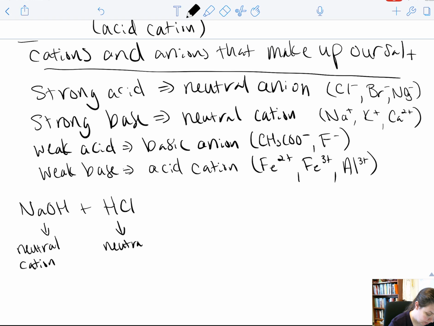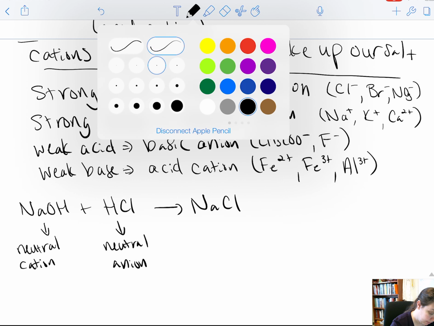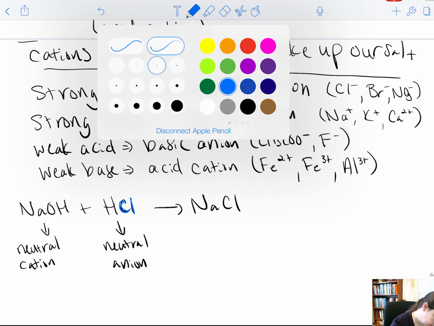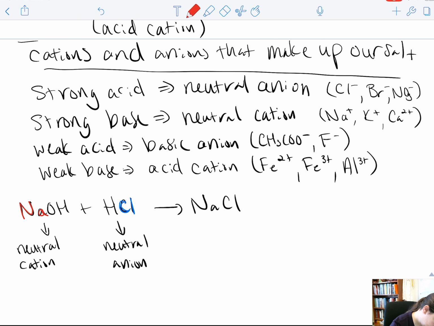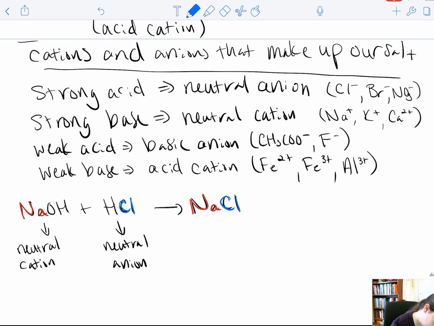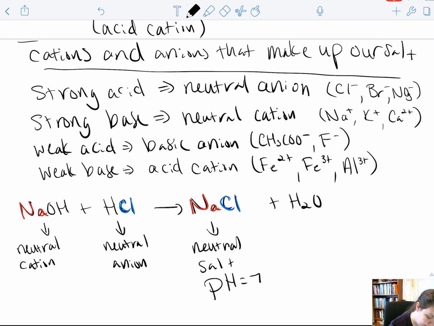This will give us a neutral anion. So that would be NaCl, and this will give us a neutral salt. So we have a pH equal to 7.